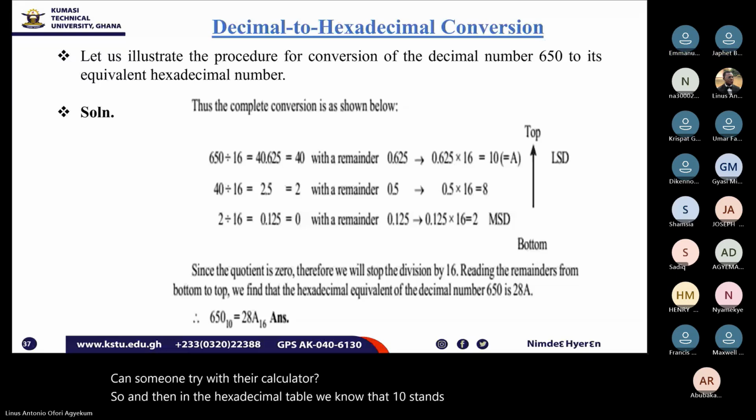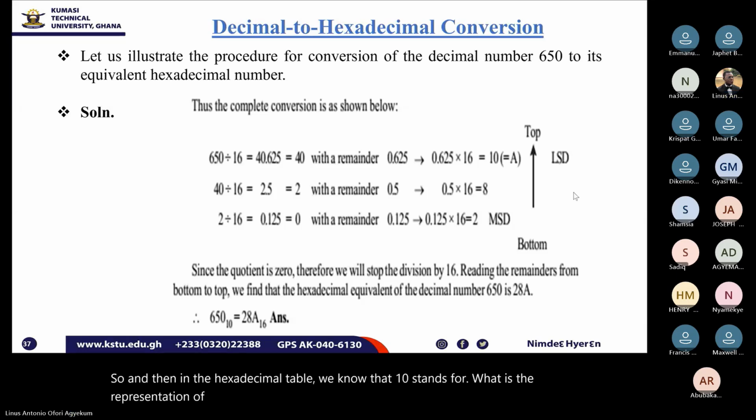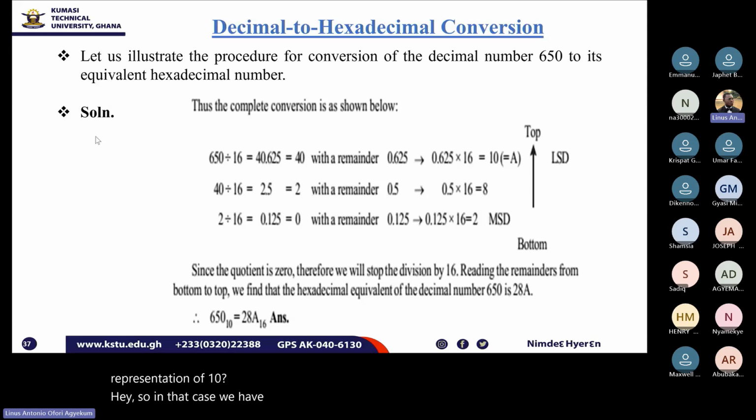A. So in that case, we have A. Then the second one, you take the 40 itself and you divide by 16. And then you get 2.5. So you take the 0.5 and multiply it by what? 16, and that gives us 8.